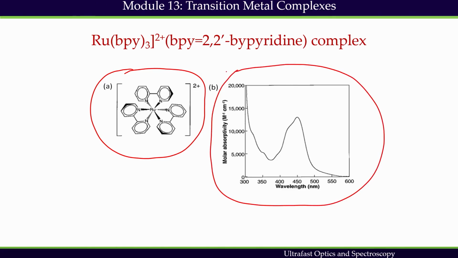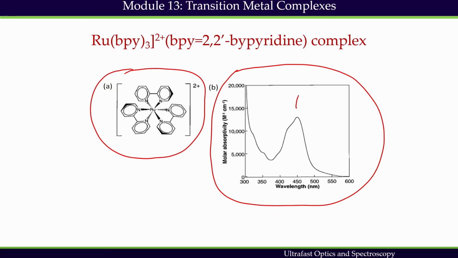The strong visible absorption characteristic of this ruthenium complex is described as an electronic excitation from the ground state to the singlet MLCT state.